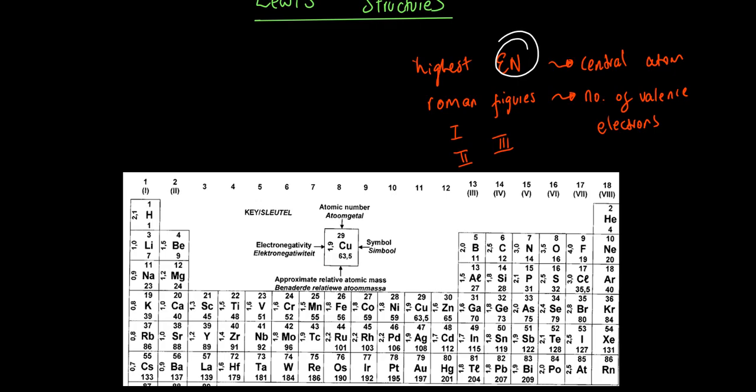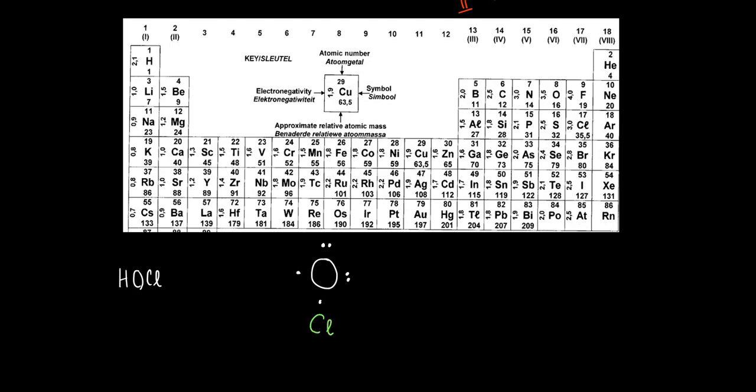Perfect. So now, if I draw chlorine here, remember, it has 7 valence electrons, which is what you just said, which is good. Because it has 7, it only needs 1 more so that it has 8. That 1 more will come from oxygen, then they will form a bond.